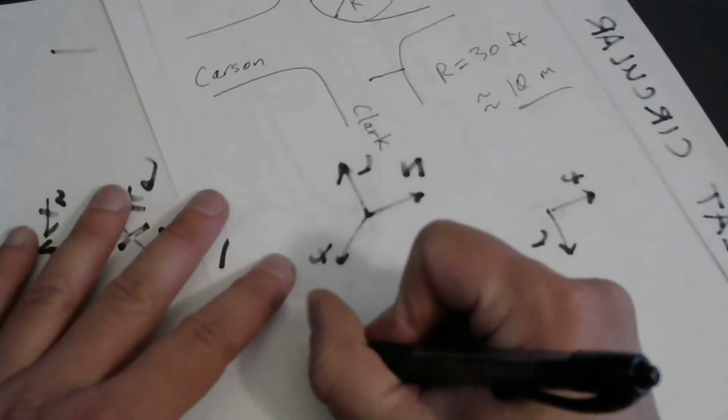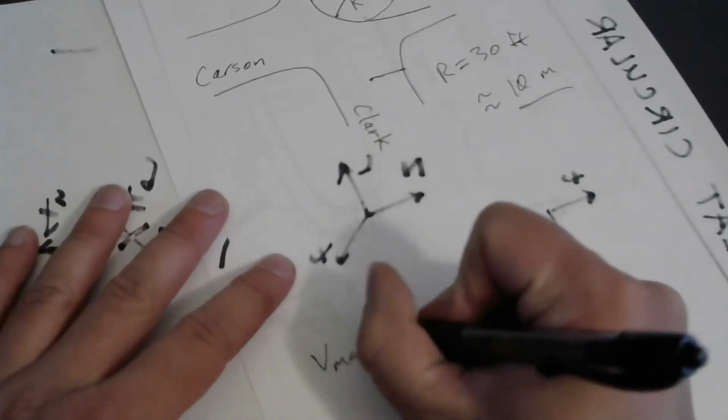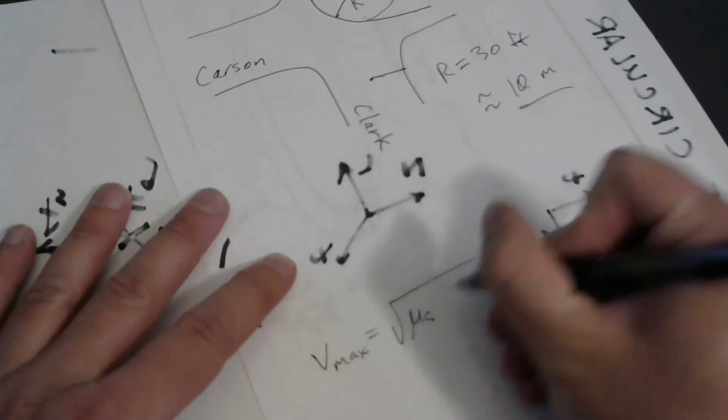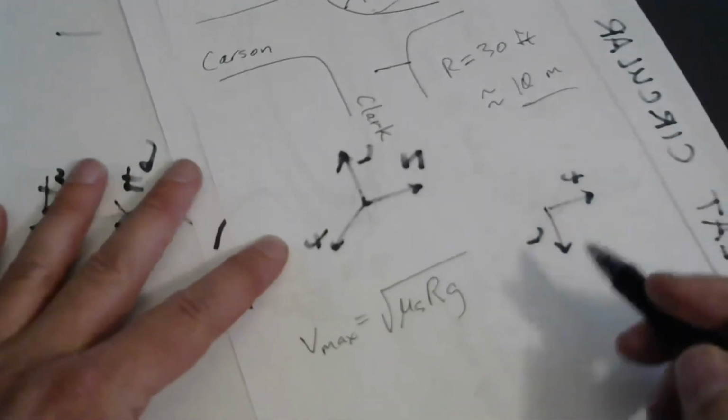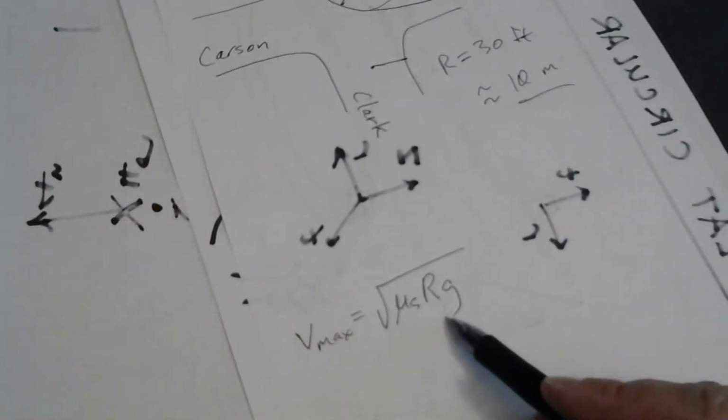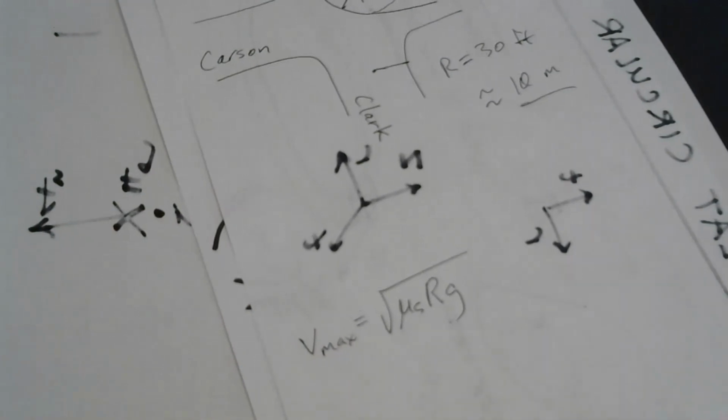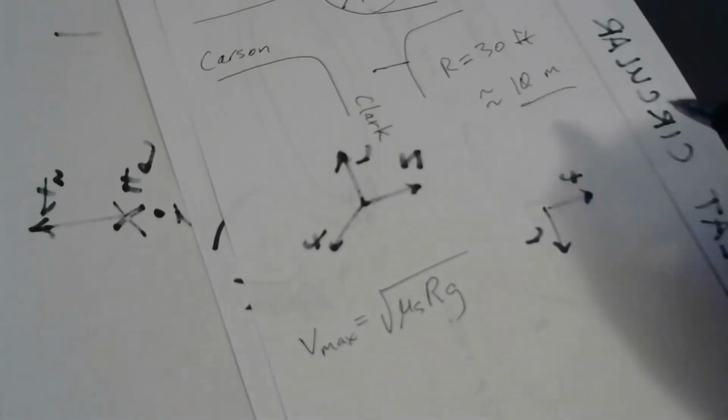Now, the formula we came up with is that the maximum speed was root mu r g. And I'm switching back and forth between lowercase r and uppercase R. It just depends on how the table or figure in your exam or homework problem was drawn.